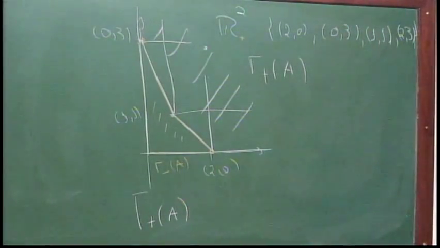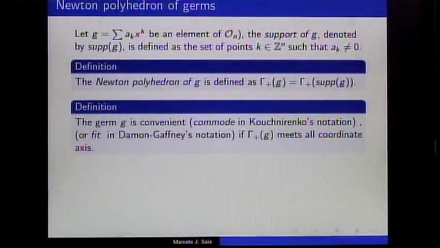Another definition: the germ is convenient, or commode in Kushnirenko's notation, or fit in Damon-Gaffney notation, if the exponents meet the coordinate axis.